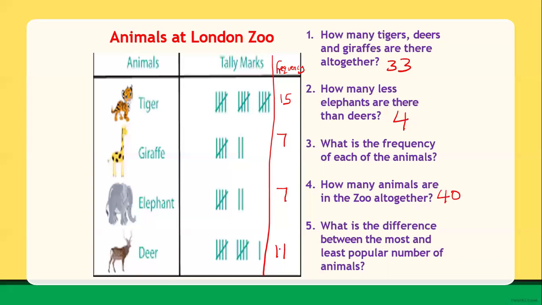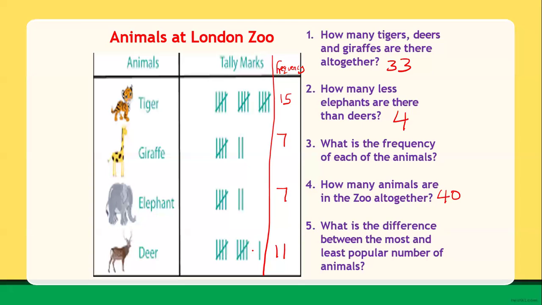And then the last one. Okay, Pat, you can give us the last one, if you are finished. Yes, Pat? What is the difference between the least and the most popular?